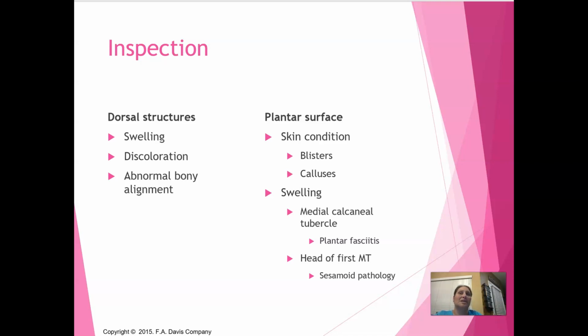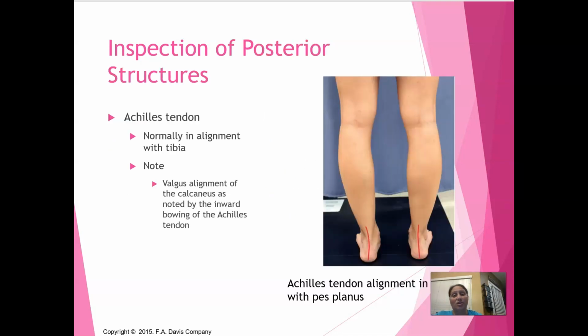Those might be indicative of some type of chafing or rubbing, whether it's the shoes they're wearing to school and not their cleats and tennis shoes that they're wearing at practice. We also want to make sure we're identifying and looking at the posterior aspect. This one specifically is looking at the Achilles and looking at what the normal alignment is.